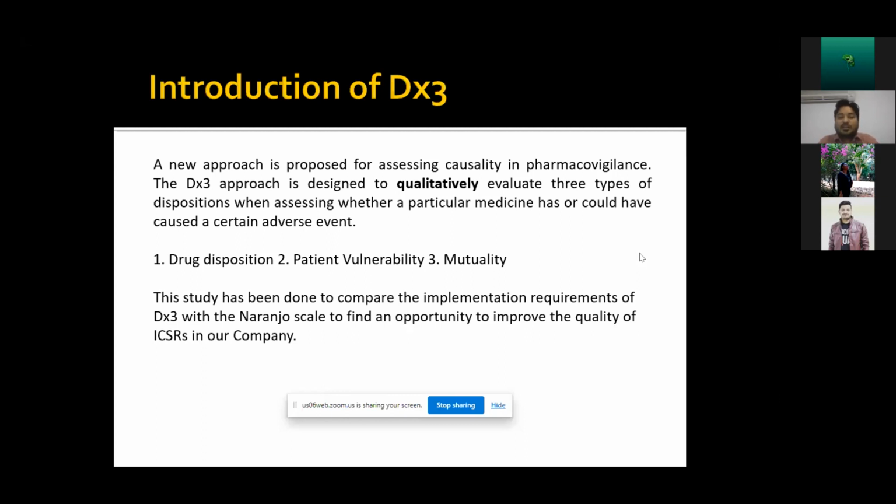Then only there will be some way to evaluate. But if you have a very small data set, a low number of ICSRs, and you are still using this scale, this scale will not yield any positive result.